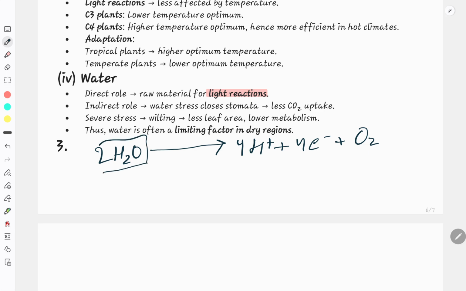This is used for ATP synthesis. If there is no water, no ATP synthesis will occur.